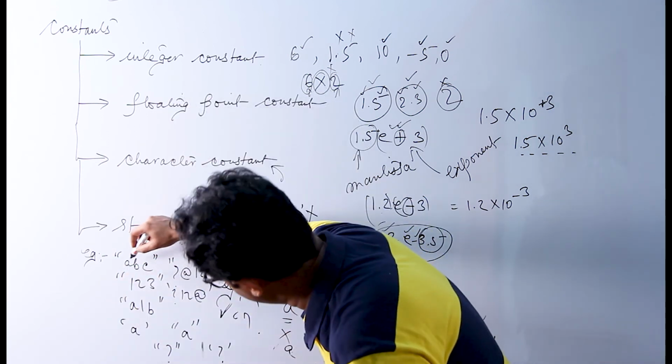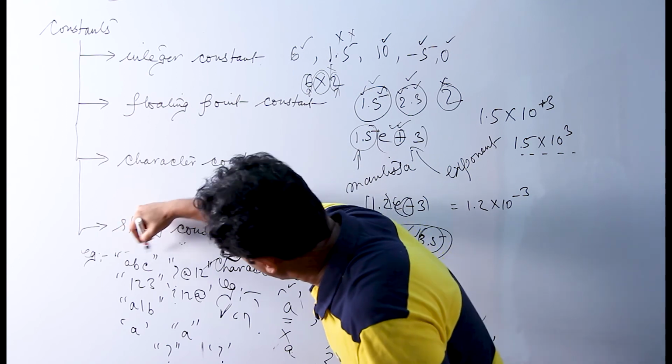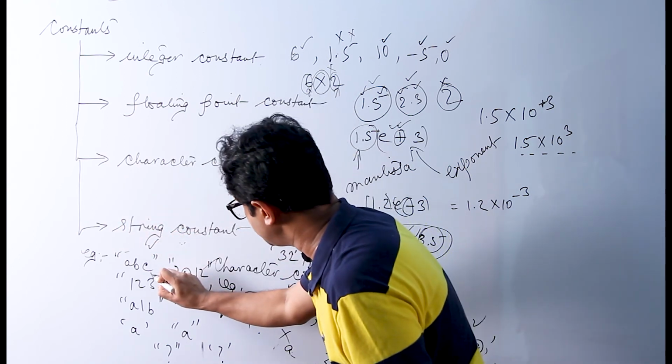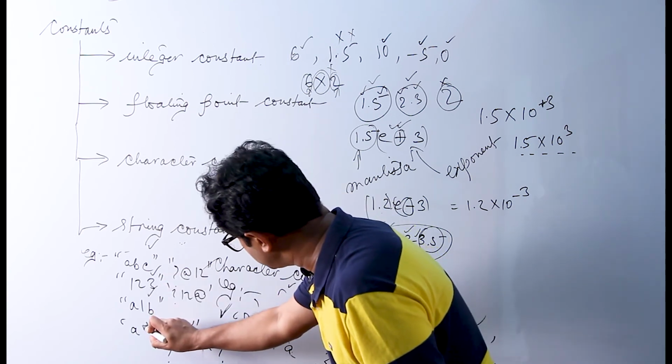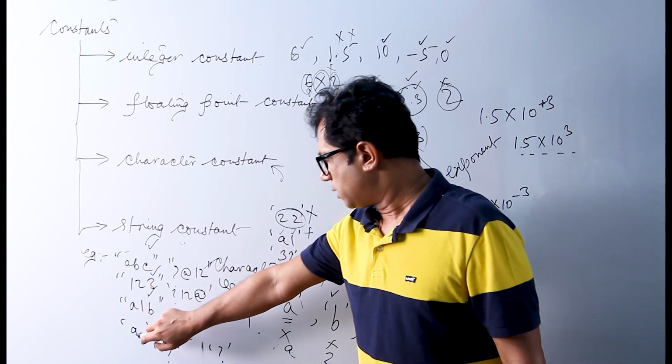Suppose this is a combination of multiple characters, ABC, enclosed within double quotes. So it is a string constant. This is similarly a string constant. This is also similarly a string constant. This is not a string constant as it doesn't contain double quotes. It contains a single character.